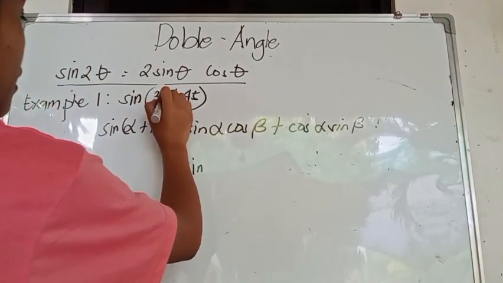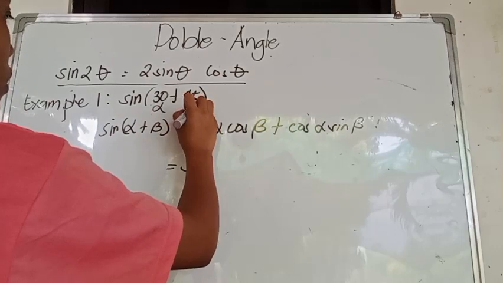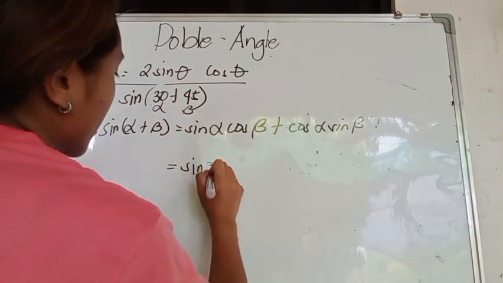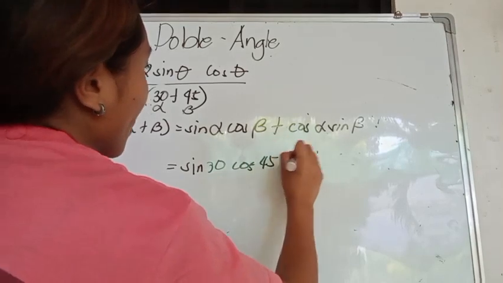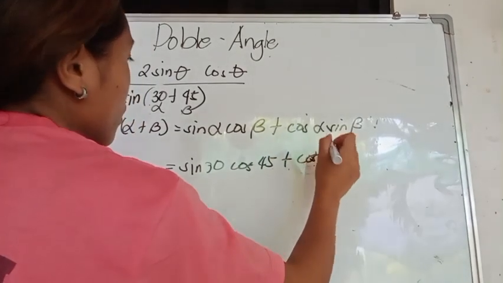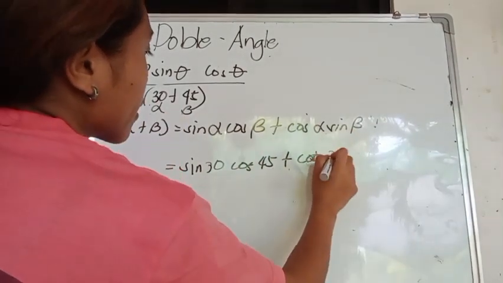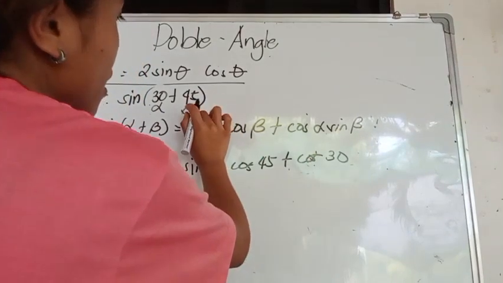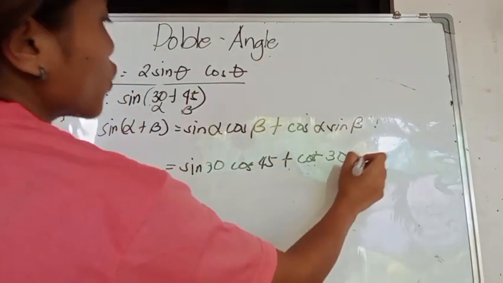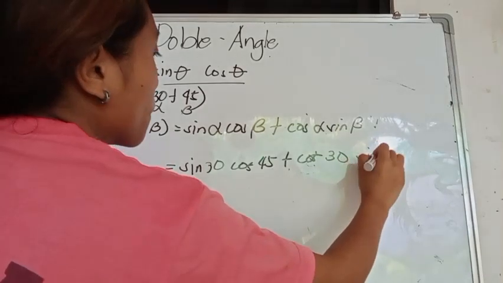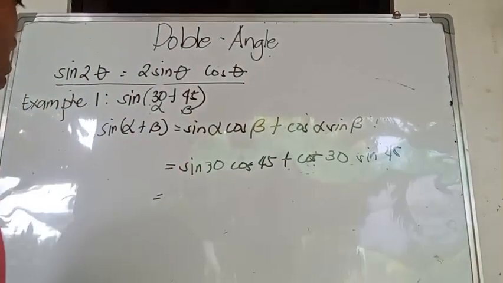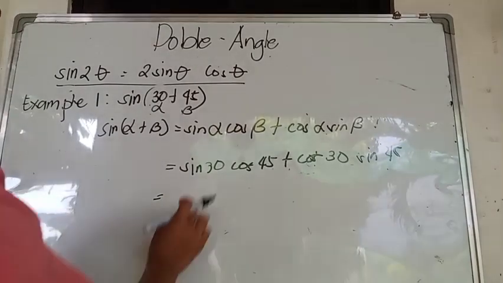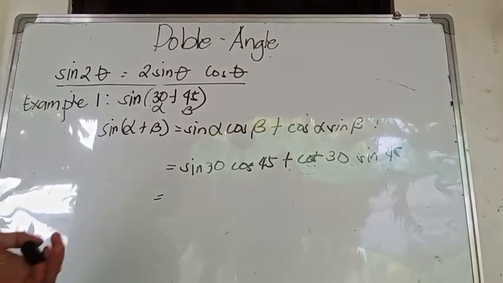Alpha is 30 and beta is 45. So sine 30 cos 45 plus cos 30 sine 45.